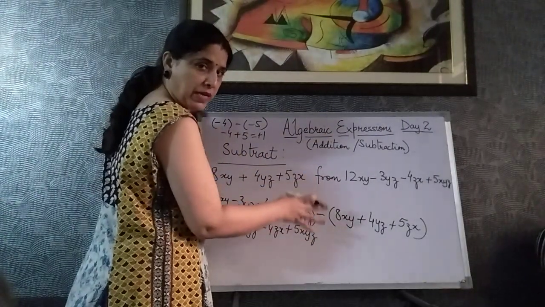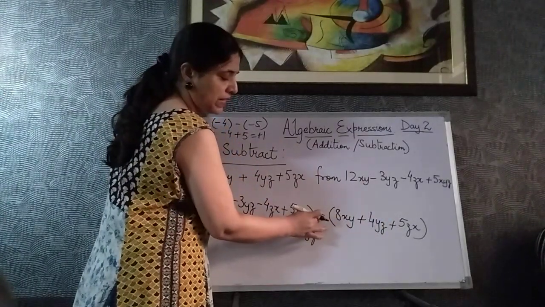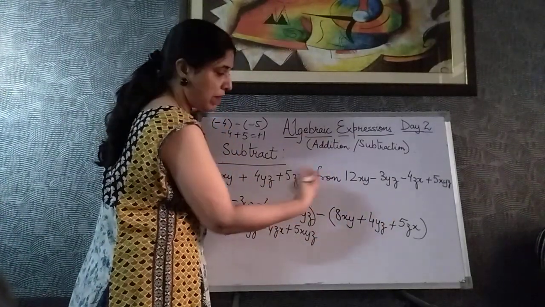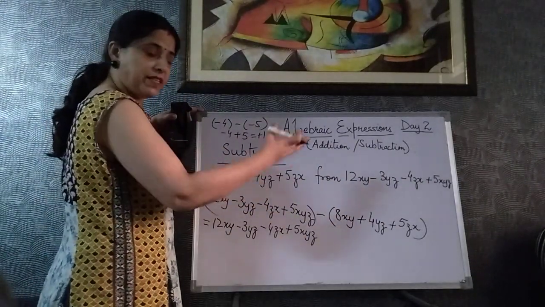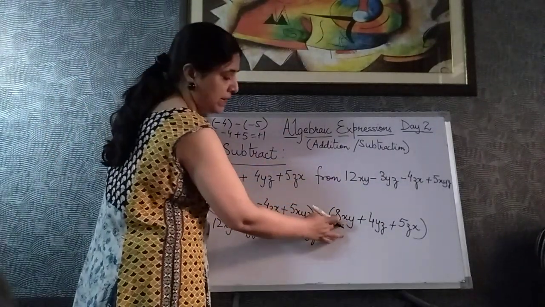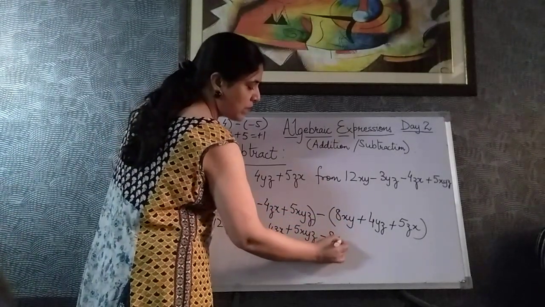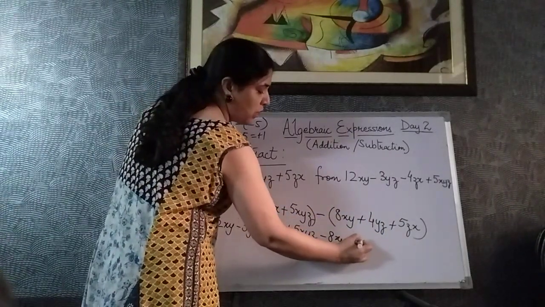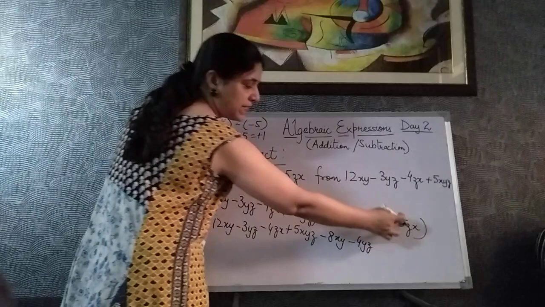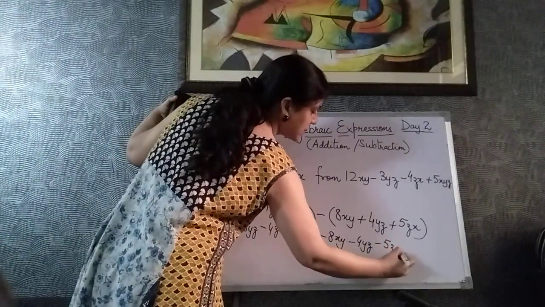You have learnt this in algebra also. That is why we were changing the signs in the column method also. Plus 8xy comes out as minus 8xy, plus 4yz as minus 4yz, plus 5zx as minus 5zx.